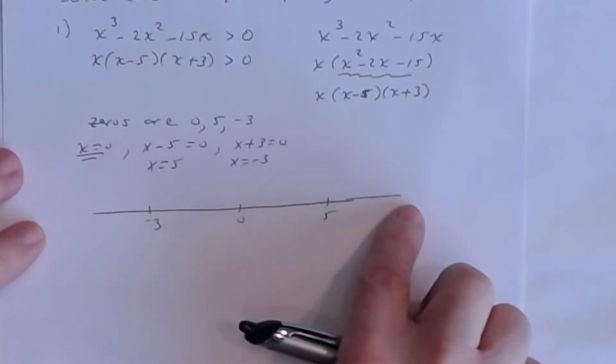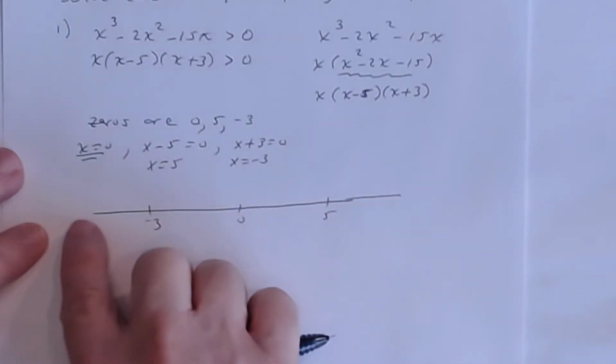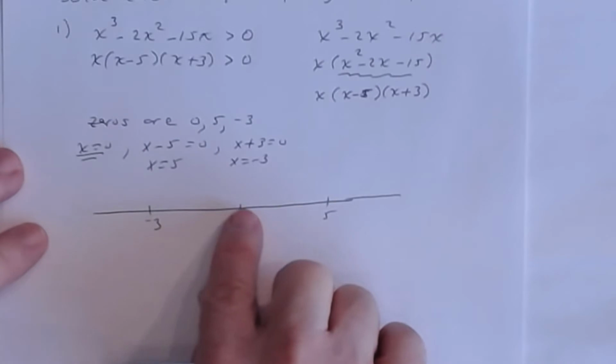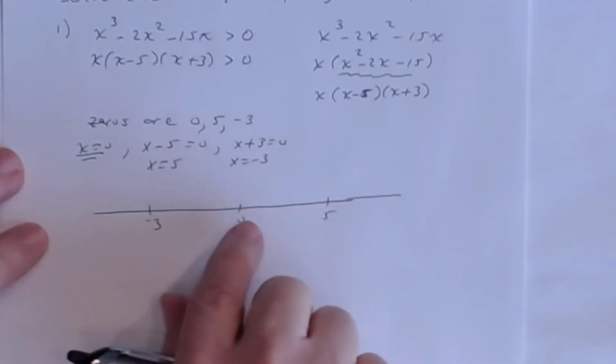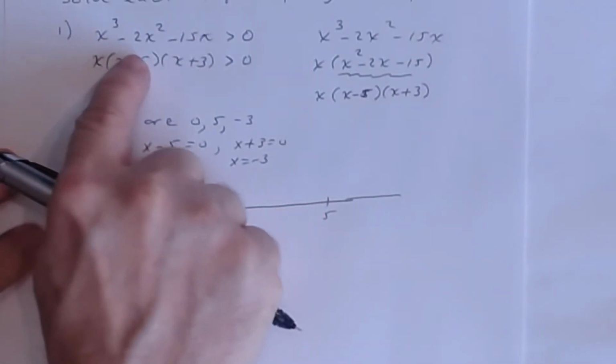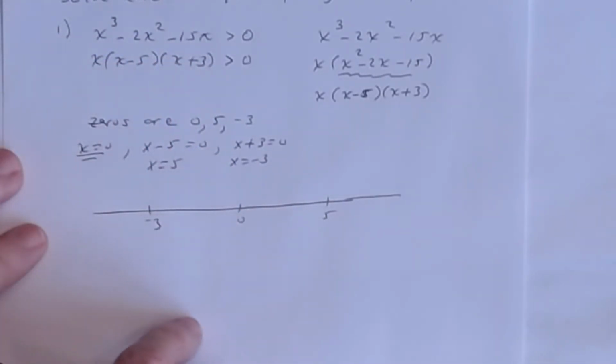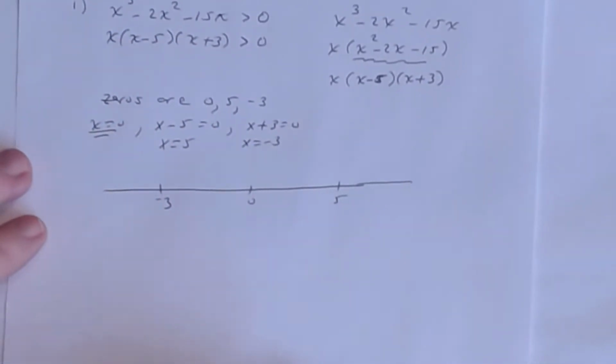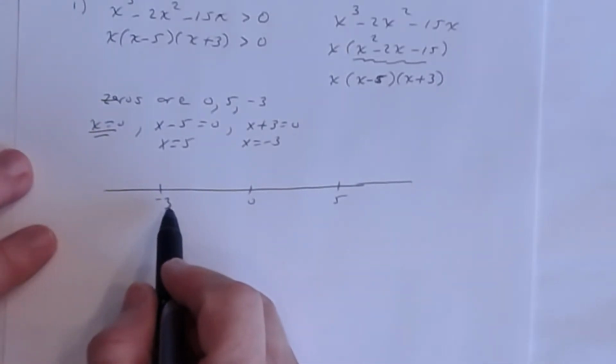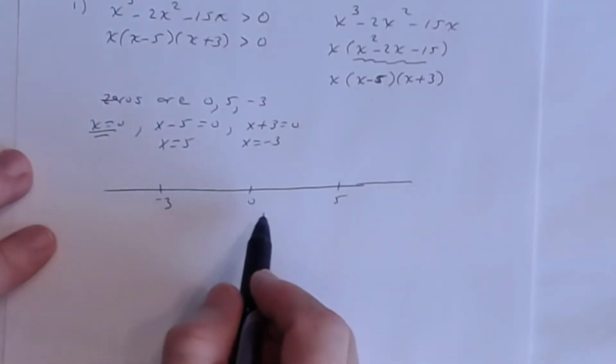Now what you're going to do is determine which of those intervals are solutions to the inequality you're trying to solve. Also keep in mind that negative 3, 0, and 5 are your zeros.